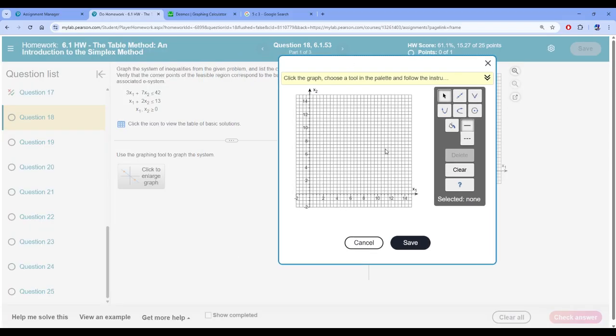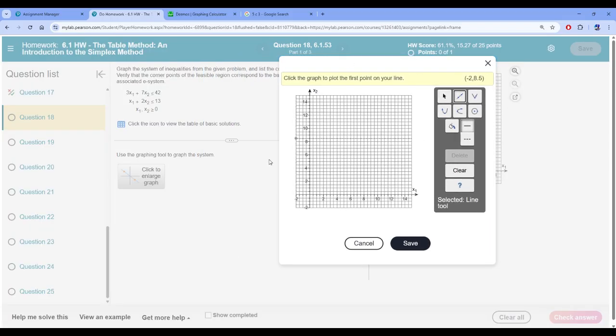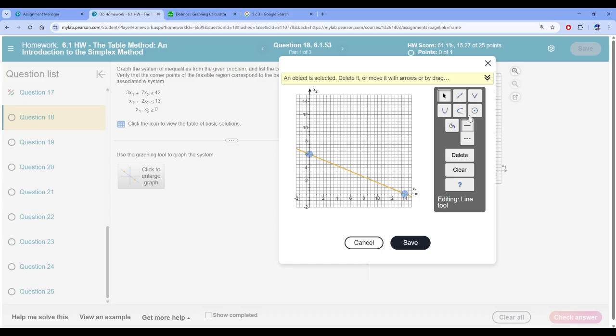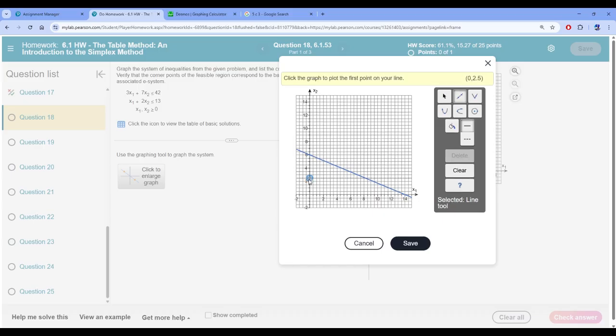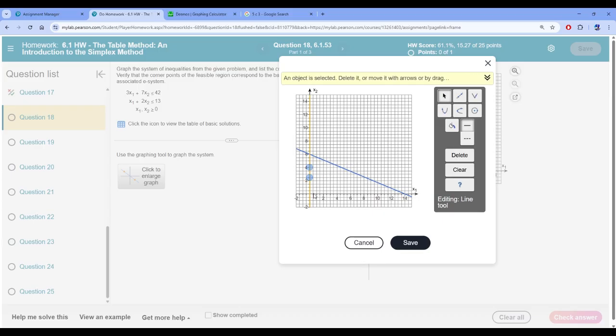So let's do this. Alright, so 42 divided by 7 is 6. 42 divided by 3 is 14. There's the 1. This is there.